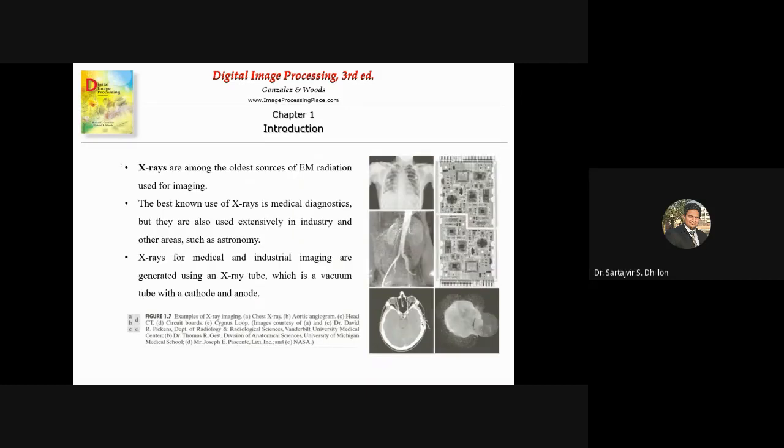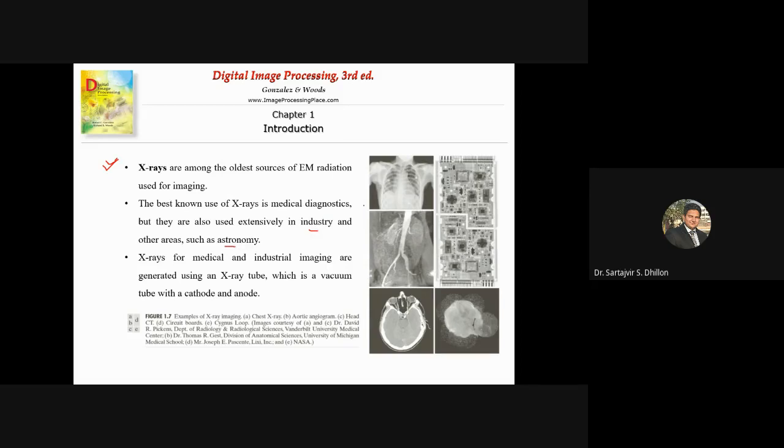Then there is the next application of digital image processing, in X-ray. X-ray is one of the oldest sources of electromagnetic radiation used for imaging. As I discussed earlier, it is best used for medical diagnosis, but it is also extensively used in industry and other areas, including astronomy.